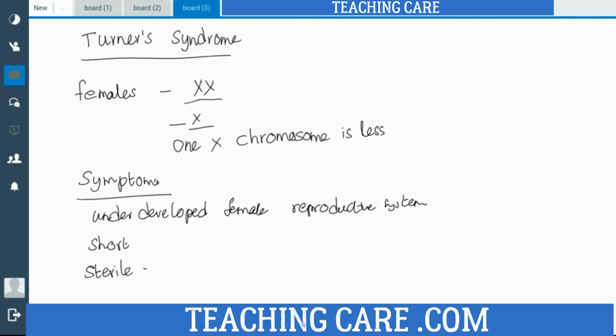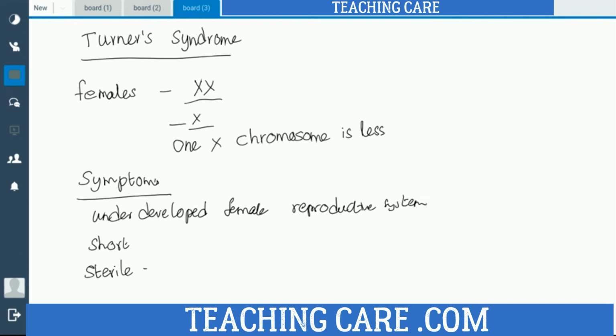Sterile means they cannot give birth to young ones. So these are the symptoms shown by Turner syndrome.